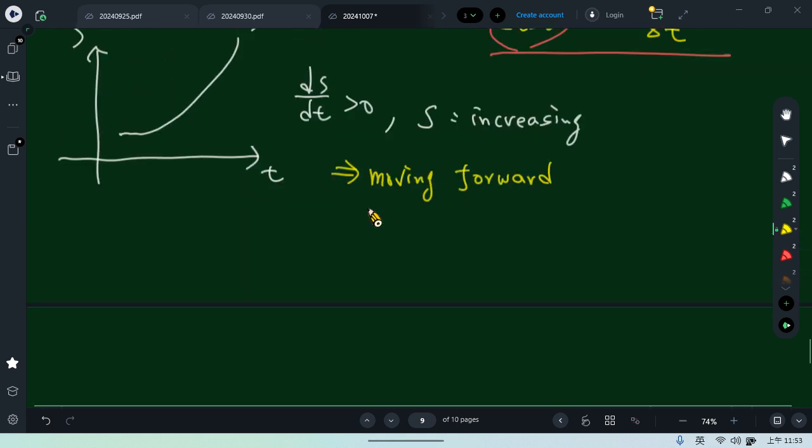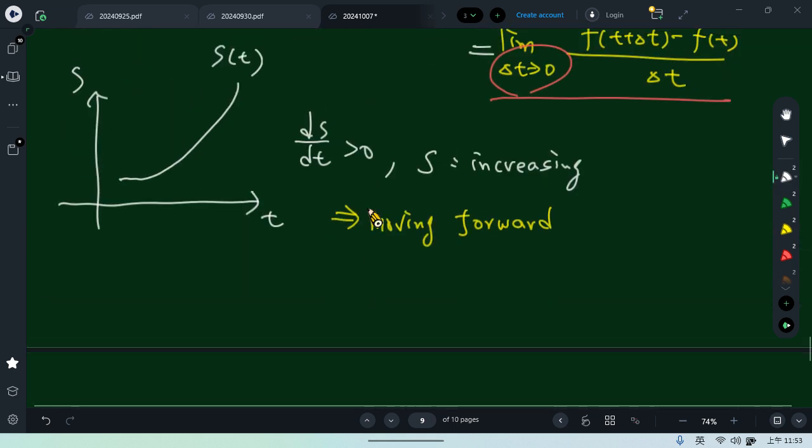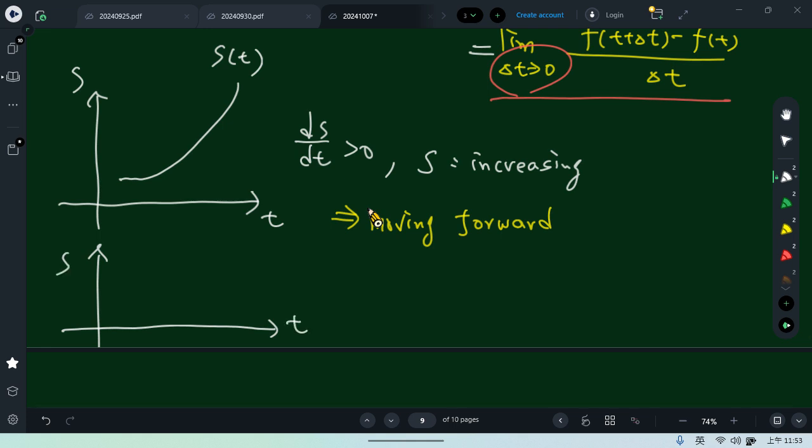Right? But in another case, another ST diagram, if the figure is just like this, that means ds over dt is negative. You can see as time goes by from here to here, for example, 5 minutes, 10 minutes, so we can have a 5 minute difference.